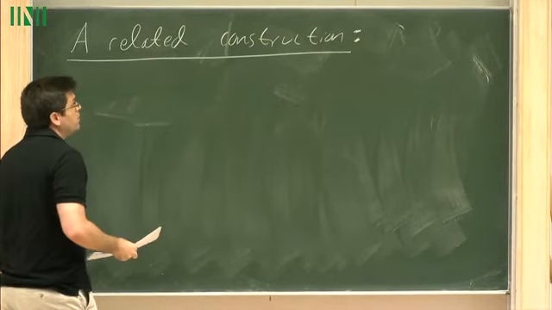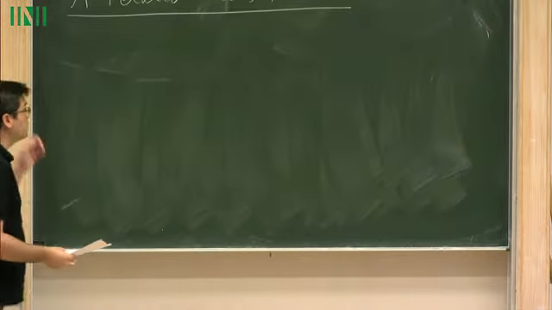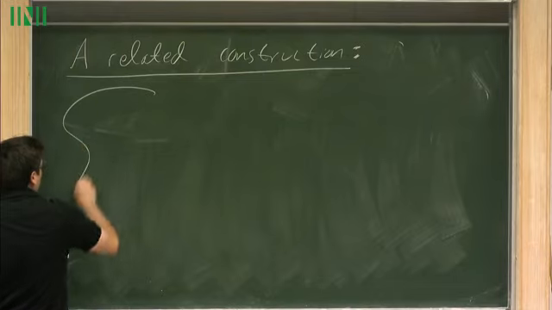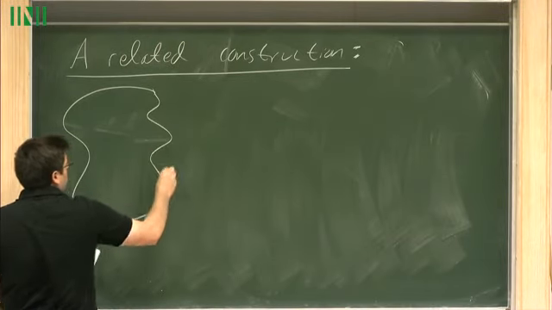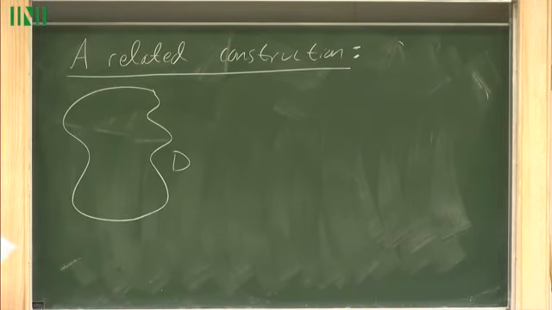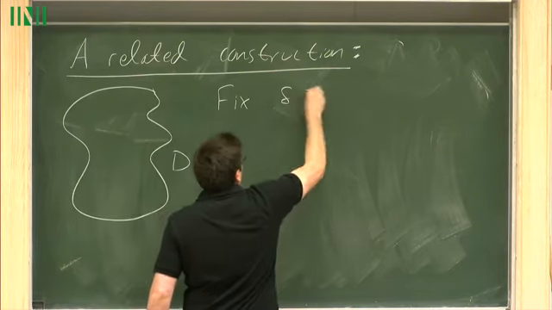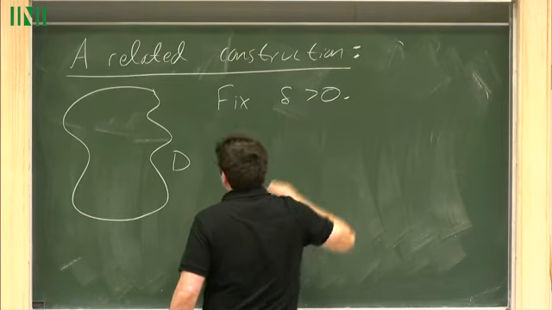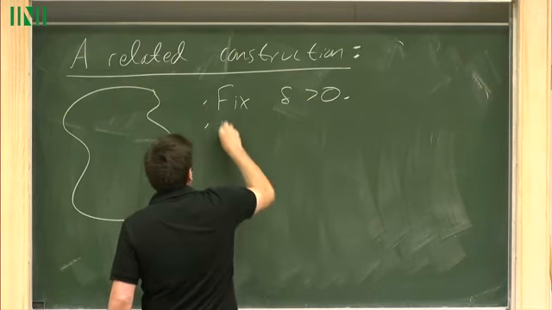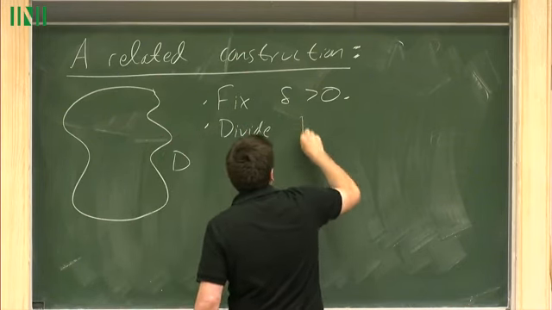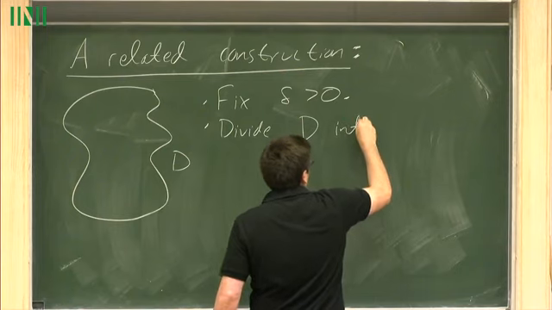So what you can do is you can take a Liouville quantum gravity surface, like a quantum cone, or maybe even just a domain D. Let's say you have some kind of bounded domain, perhaps, and you have a field on it. And if you fix a positive parameter delta, then what you can do is you can subdivide your domain into dyadic squares.